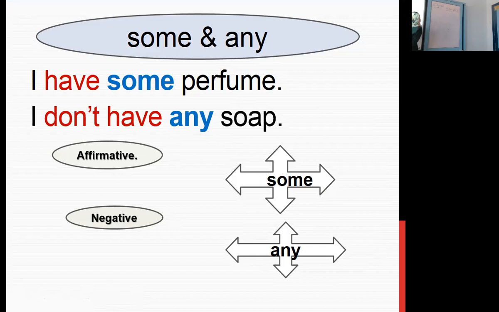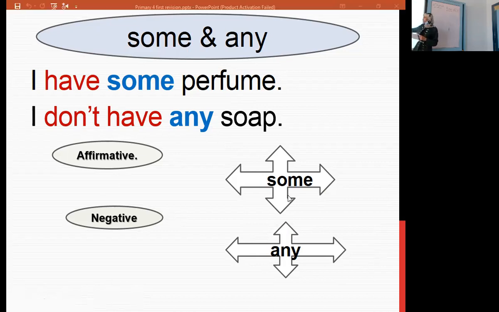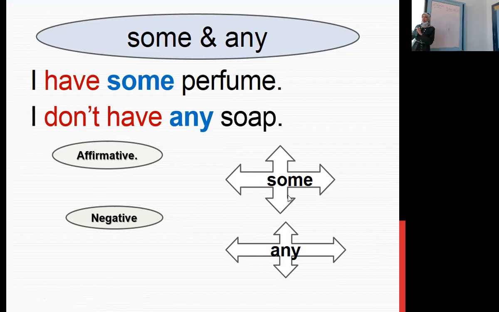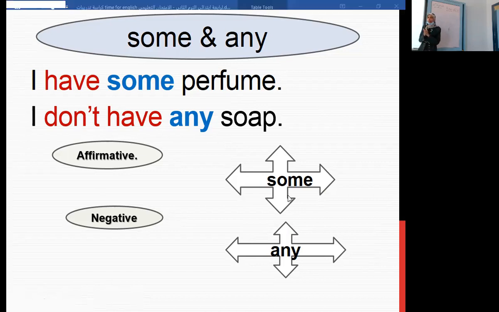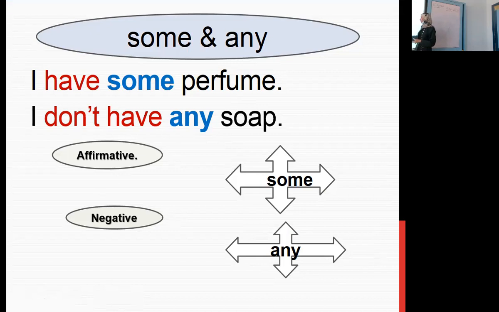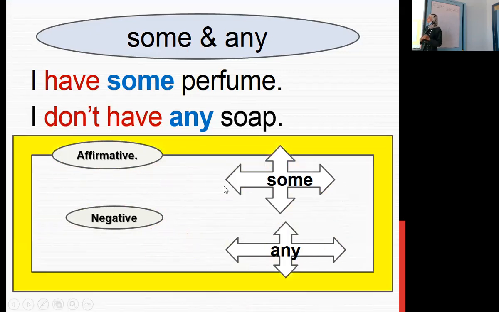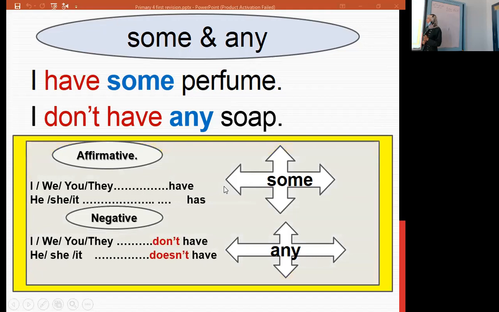But in the second sentence, we have not. The sentence says, I don't have any soup. So some comes in affirmative sentences, sentences that don't include not, and any comes in negative sentences, sentences that include not.